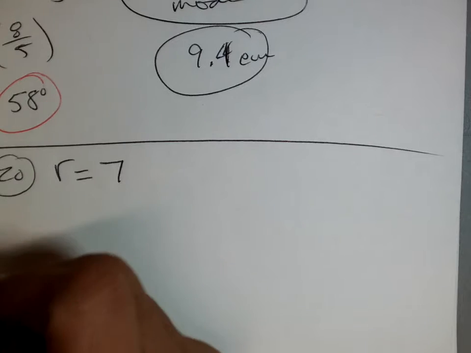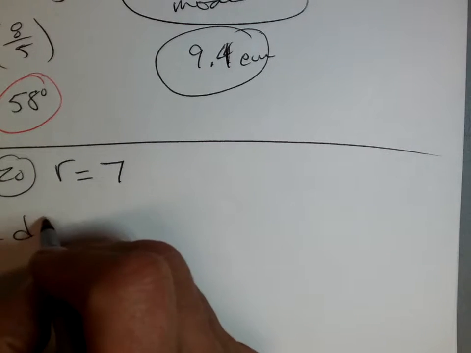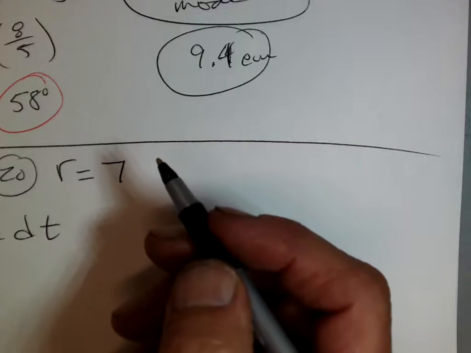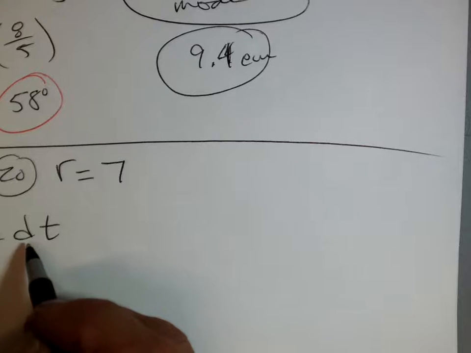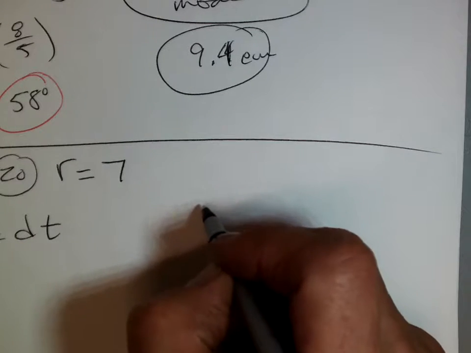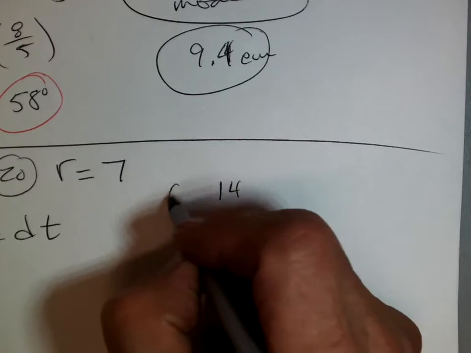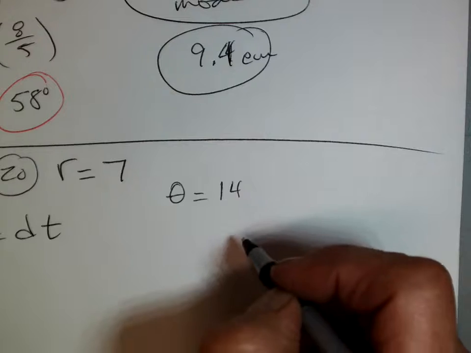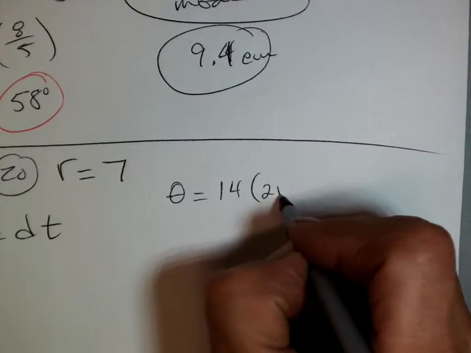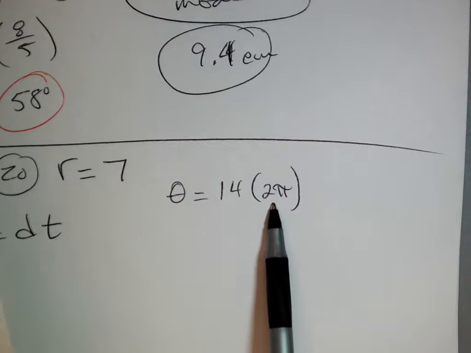So we know that rate is equal to distance over time, right? So what we're going to do is this. The distance is like its circumference, right? So theta, it's going to go around the circle 14 times, or 14 times 2 pi, because once around the circle is 2 pi, but you can do that 14 times.